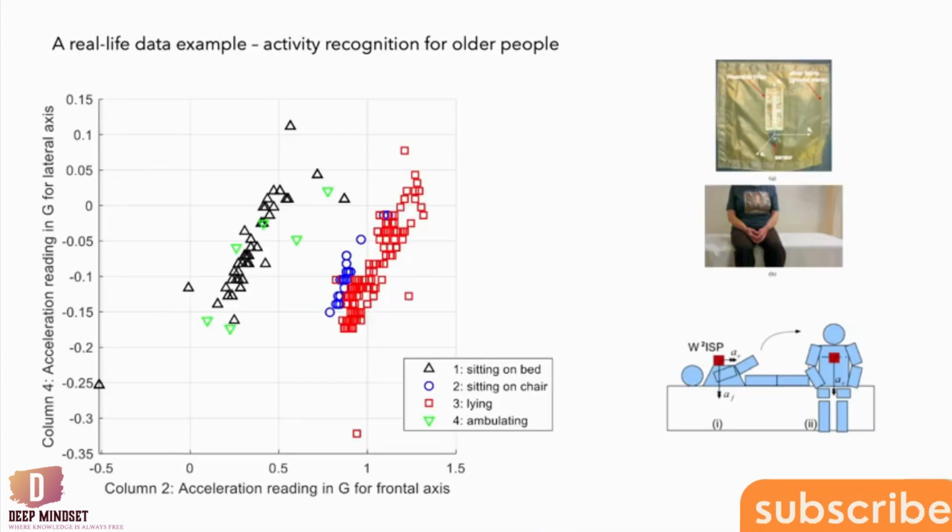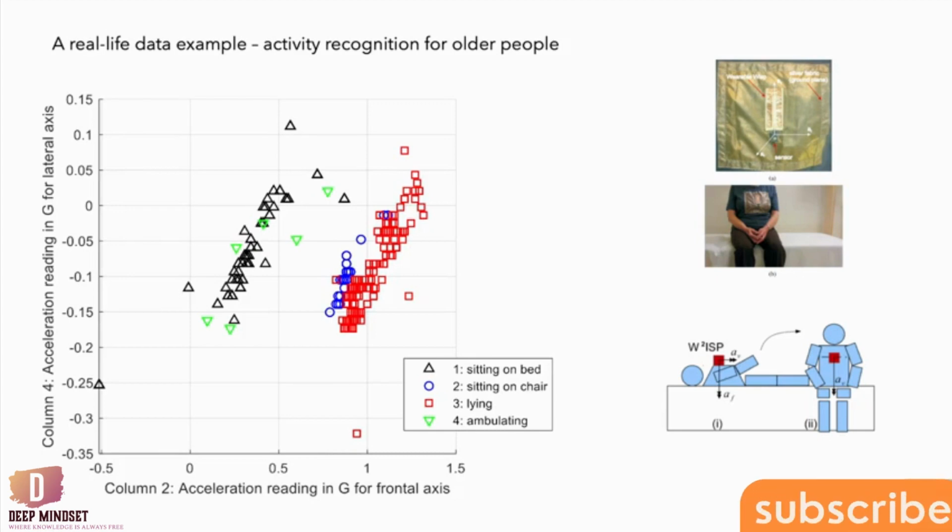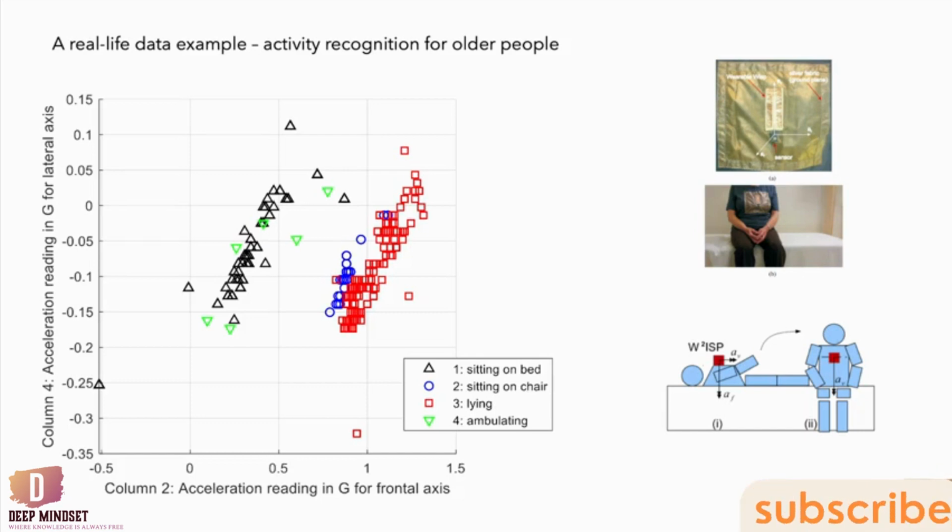So now let's have a look at a real case scenario. Have you heard of wearable devices? In that case, they put a device on a t-shirt, so you just stick it. And that's going to look at the motion, the lateral motion and the frontal motion.